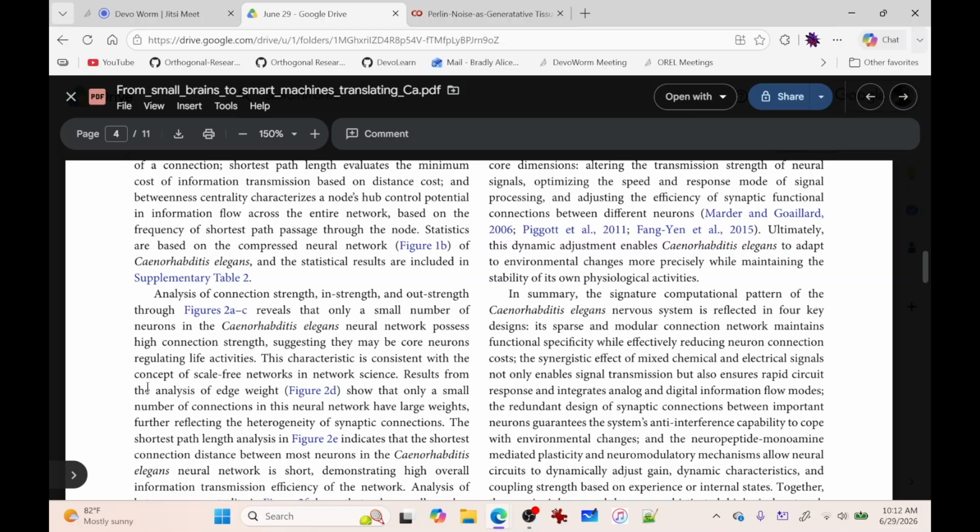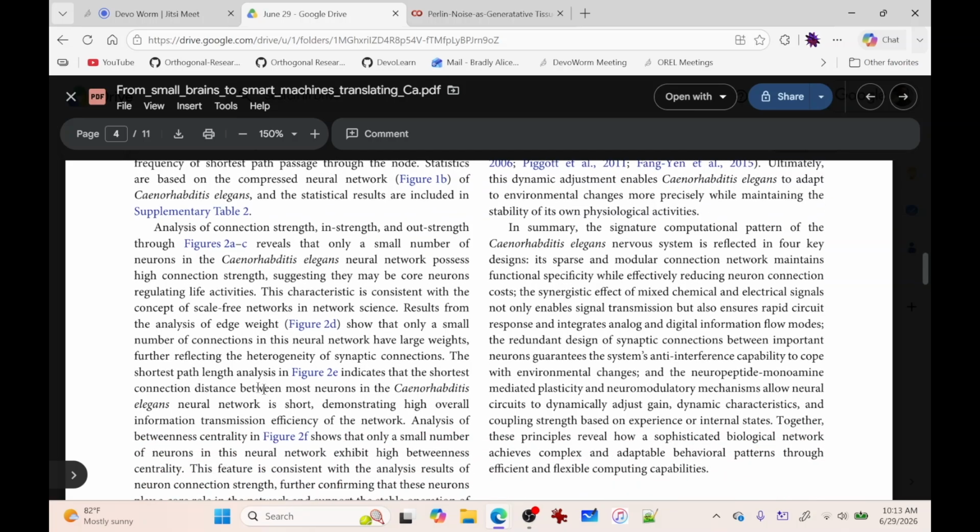Thinking about the analysis of edge weights, this shows that only a small number of connections have large weights, further reflecting the heterogeneity of synaptic connections. The shortest path length analysis in figure 2e indicates that the shortest connection distance between most neurons in the C. elegans neural network is short, demonstrating high overall information transmission efficiency of the network.